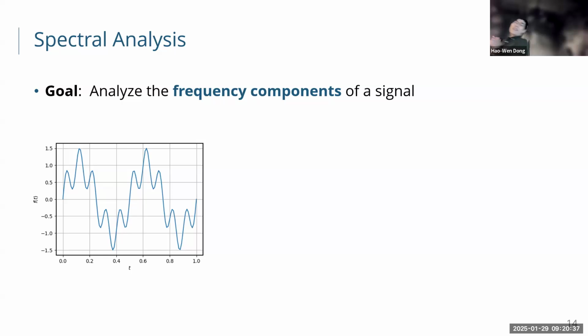So spectral analysis basically wants to analyze the frequency components of a signal. By signal, we basically mean waveform. It could be audio, but it could also be something else. Think about brain EEG signals. Sometimes people even treat an image as a signal.